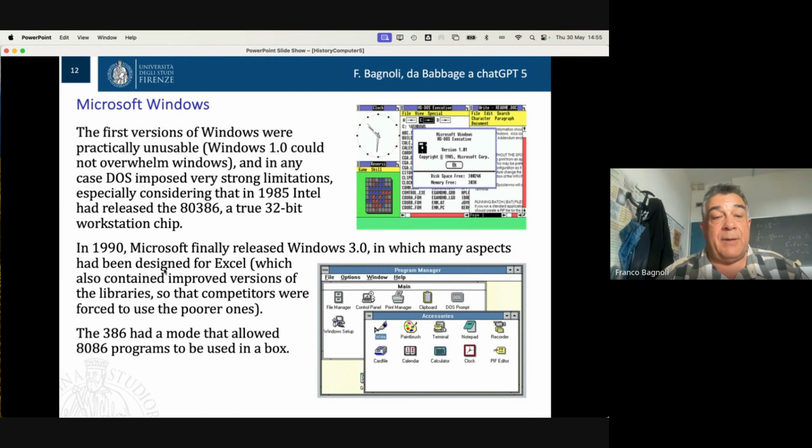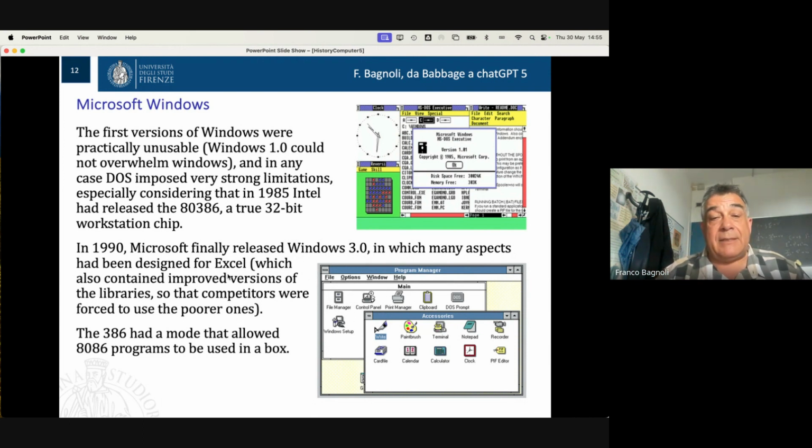Microsoft developed the Excel spreadsheet, and most of the functions of Windows 3.0 were developed having Excel in mind, which was the real killer application.